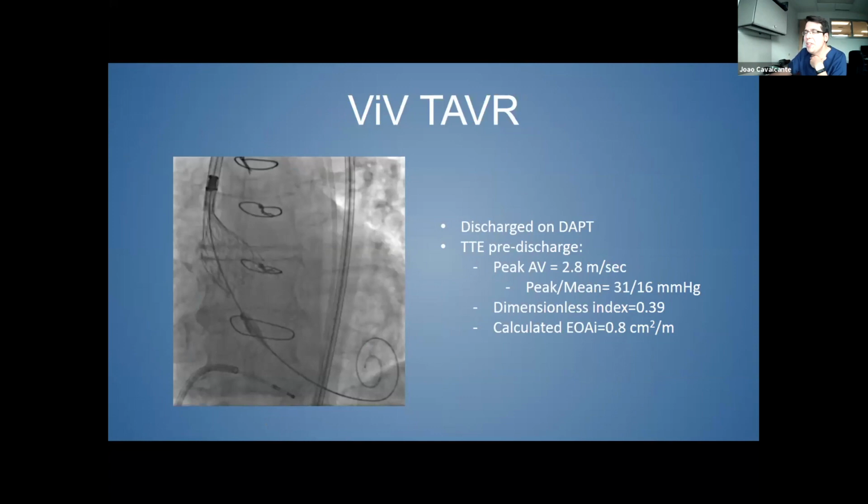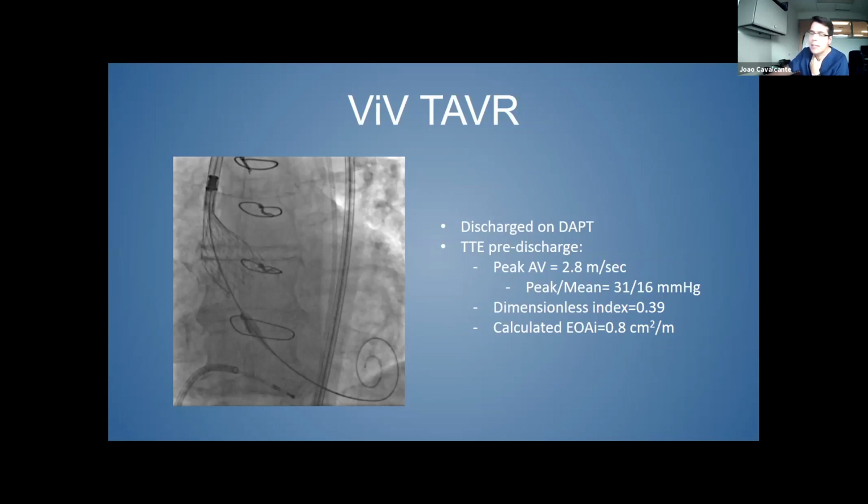I don't have the video for the implantation here, just the still frame. But as you can see, this is prior to the deployment of a 26 Evolut PRO into the 23 valve that he had.